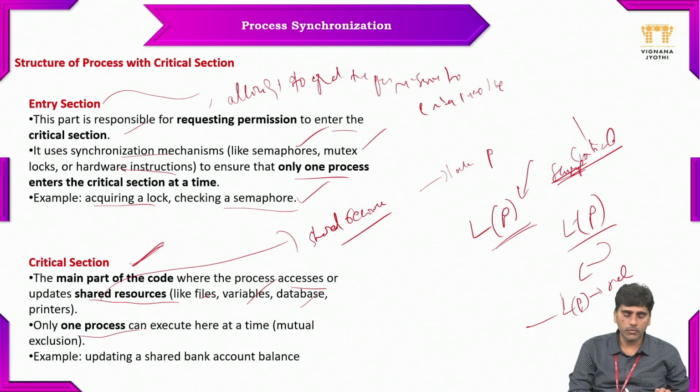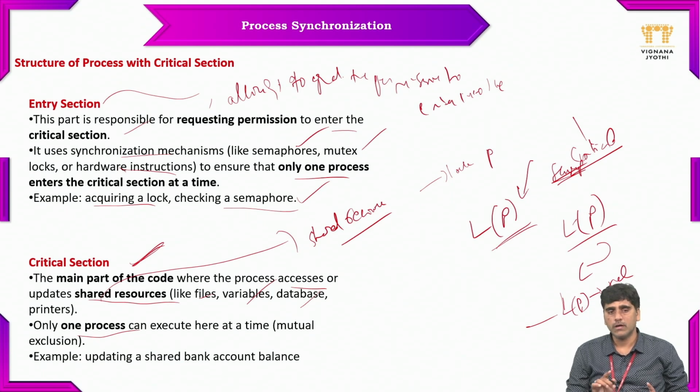So only one process can execute here at a time. When the process enters the critical section, it can do all the database operations, no doubt at all, but only one process can execute here at a time.